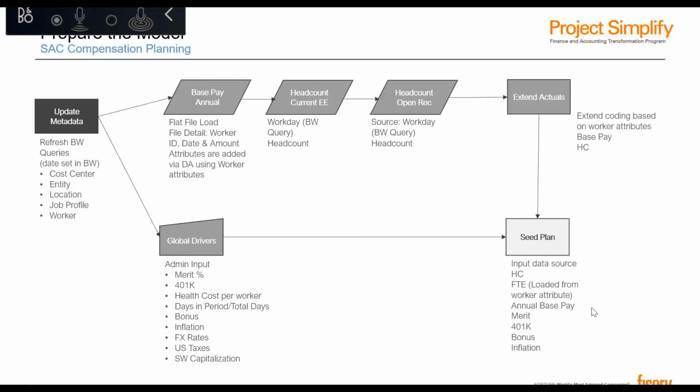The process administrator brings in cost center metadata, entity metadata, and other fields like location, job profile. These are all information that comes from the underlying master data table. So worker, location, pay grade, these are master data that comes from Workday. Cost centers and entity is the master data that comes from BPC.